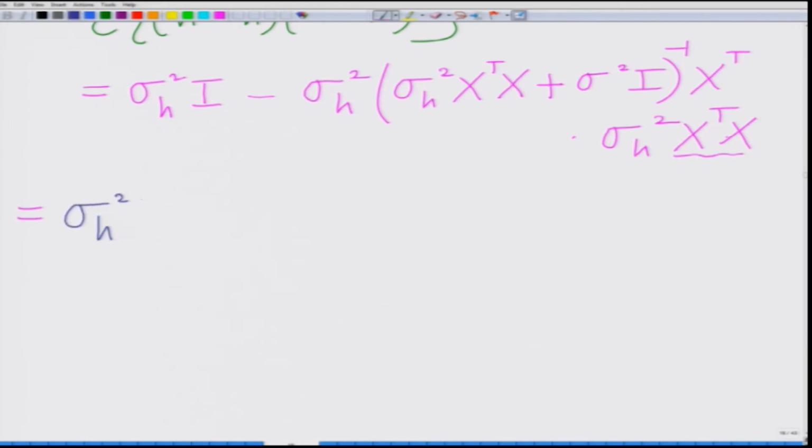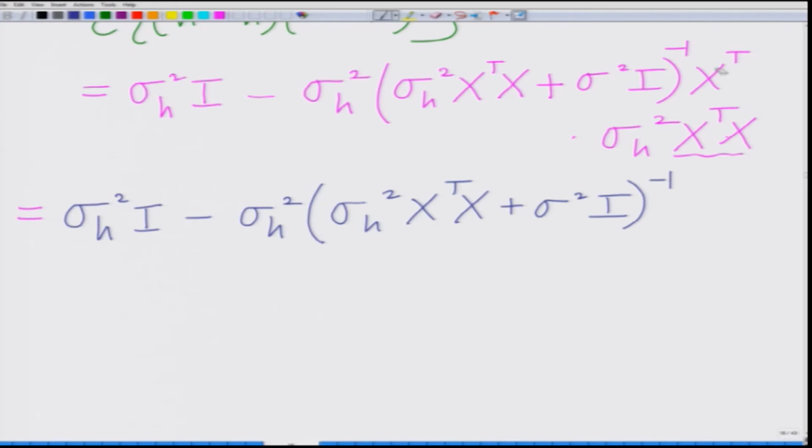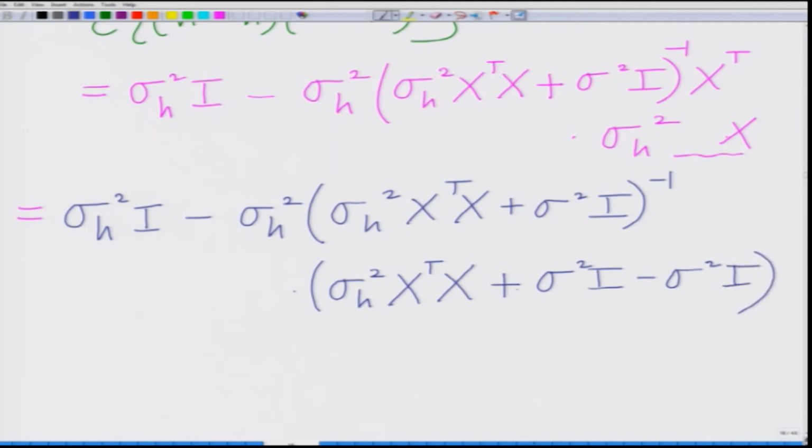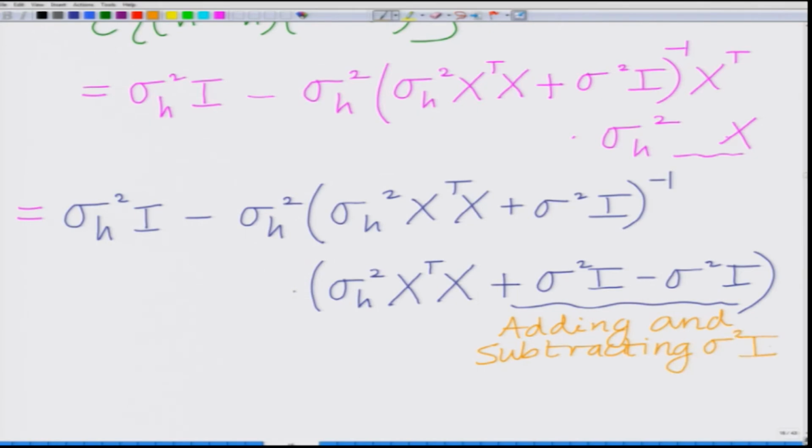This will be sigma_h^2 I minus sigma_h^2 into (sigma_h^2 X^T X plus sigma^2 I) inverse, into X^T X, which is written as sigma_h^2 X^T X plus sigma^2 I minus sigma^2 I. We are adding and subtracting sigma^2 identity.